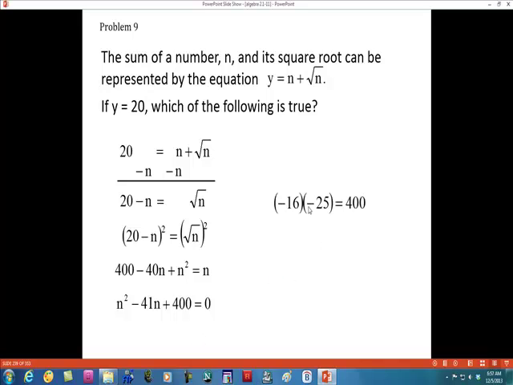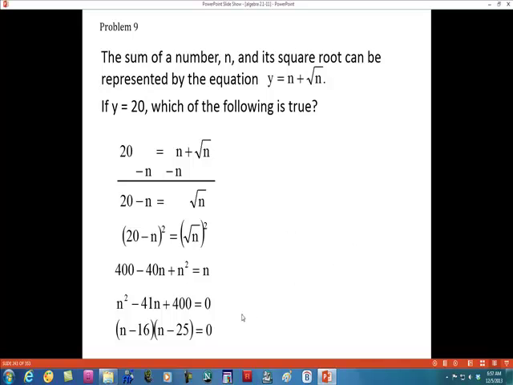Now my two factors of 400 are 16 and 25. If you take negative 16 and negative 25, you'll get negative 41, won't you? Okay, so the fact that we're getting this means I can use n minus 16 and n minus 25. When you multiply them, you get 400. When you add them, you get negative 41.